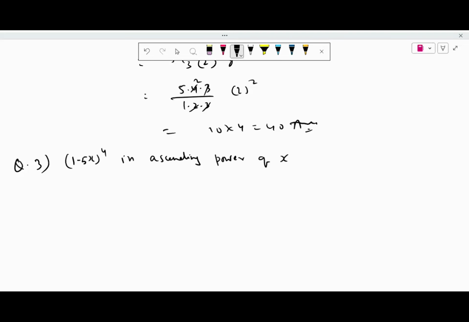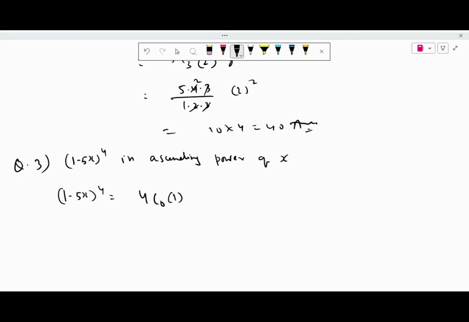So, how will you expand it? Well, you'd expand it normally, and when you get the final answer, you put it in order of power. Yes, exactly. So we have 4C0.